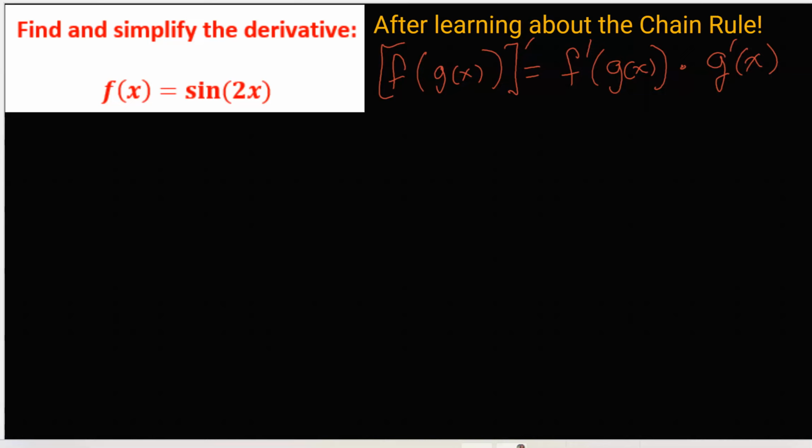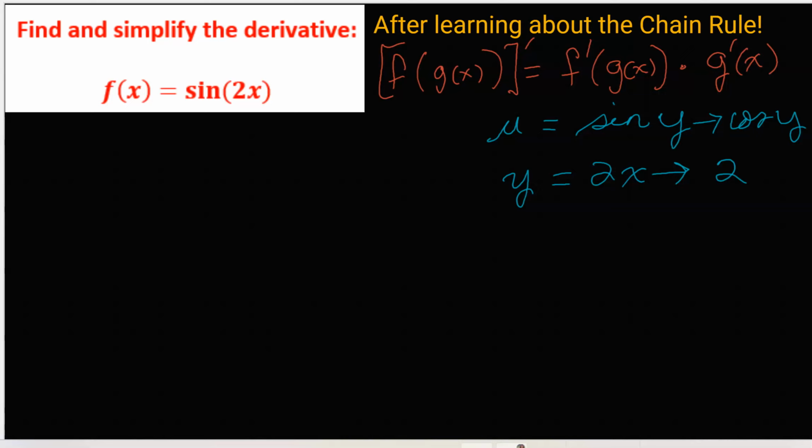Okay. So what this means, the outside function, let's call u being the outside, and u being sine of, say, y, and then y is going to be 2x. Okay, so then the derivative of u is going to be cosine of y, and the derivative of the inside is going to just be 2, right?